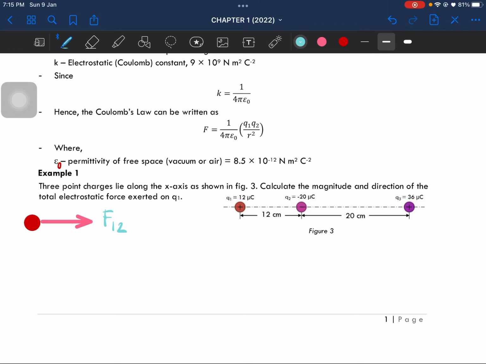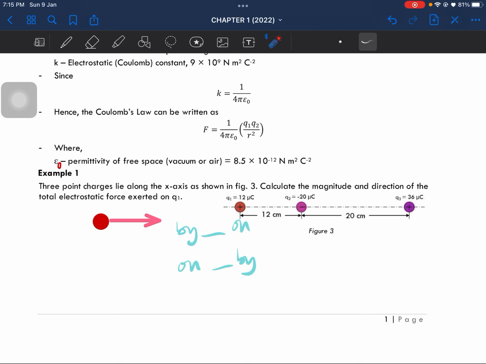Yes, okay. I'm confused because there are two ways of writing that. It can be "by" and then "on", or it can be "on charge 1 by charge 2". So we will be using the first one. So this is the force due to charge number 2 on 1.